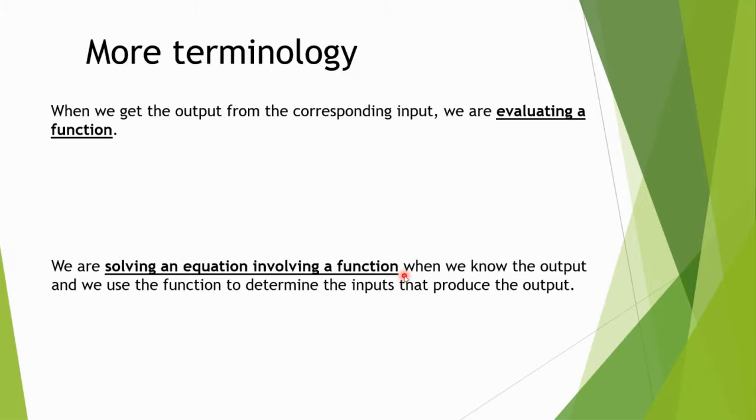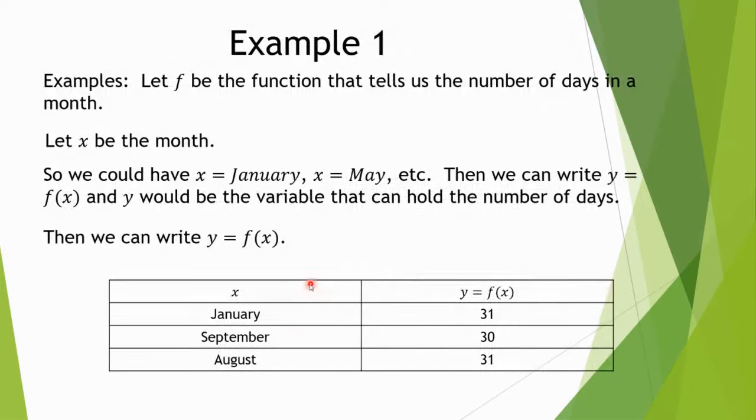So if you went back to that month example, let me go back to this one. If I gave you January and you got 31, you're evaluating a function. I give you the input, you get the output. But if we go the other way, so if I give you 30 and I say, find the inputs that give me 30, or in this context, what months have 30 days in them, what months you plug into the function to get 30, we're evaluating a function.